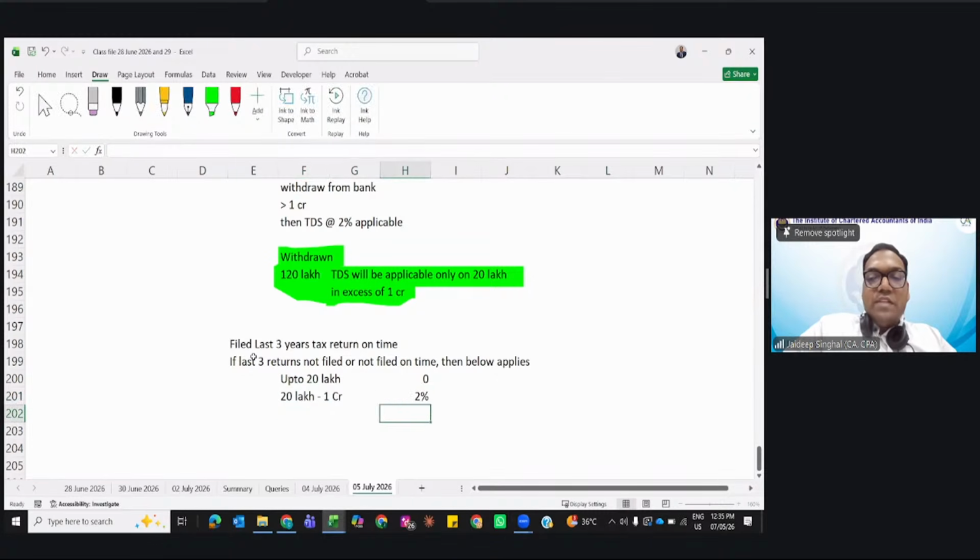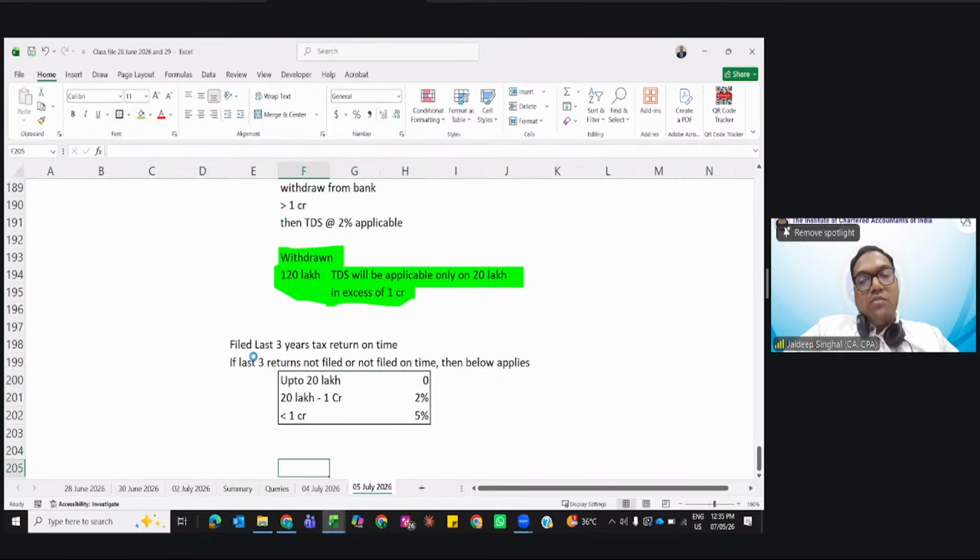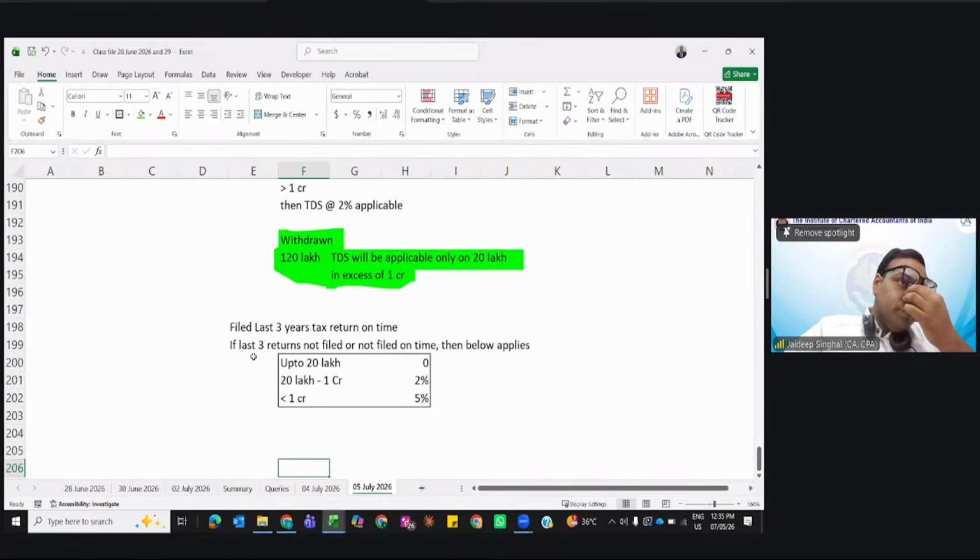But after 1 crore, the TDS rate will become 5%. Too high. Whenever you are withdrawing your own money, the government is taking TDS on it. Clear? So, this is the provision. Everyone, is that clear?